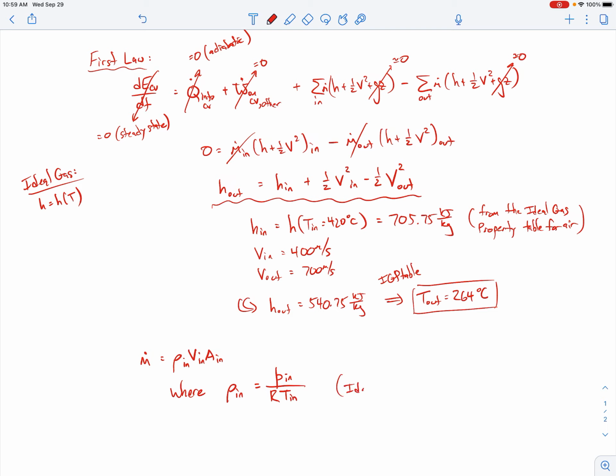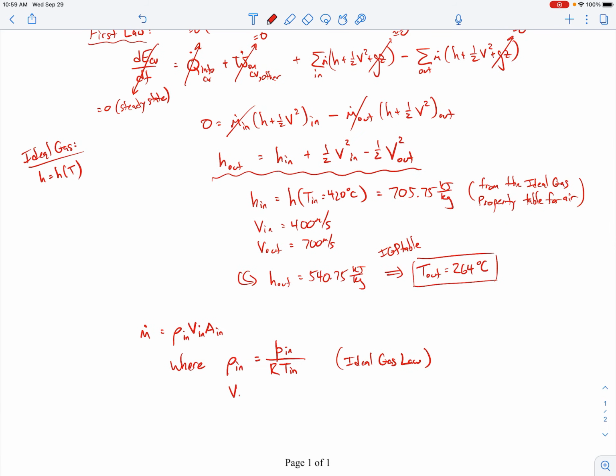So this is the ideal gas law. The velocity at the inlet we're given, that was 400 meters per second. And the area at the inlet will be the area of a circle, which will be pi times the diameter of the inlet squared divided by 4. And so we should have enough information here to figure out what the mass flow rate is.